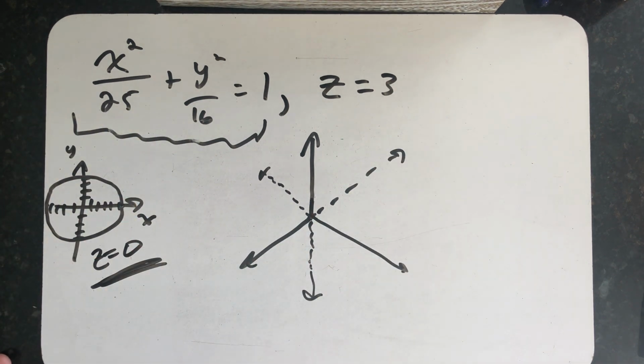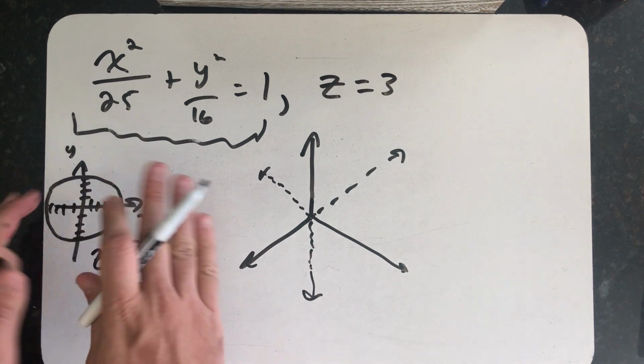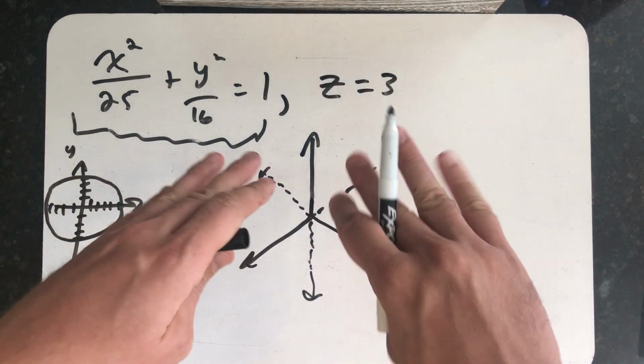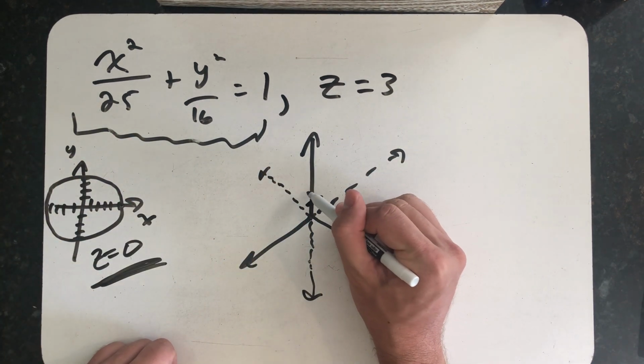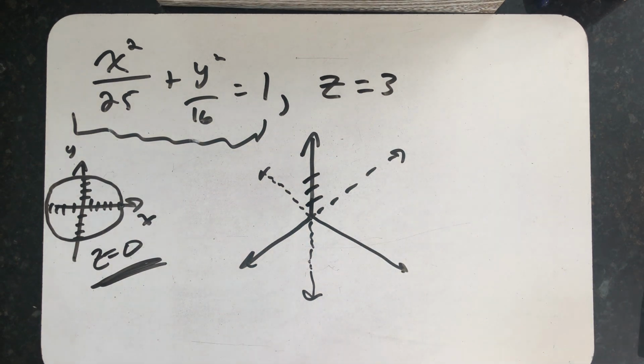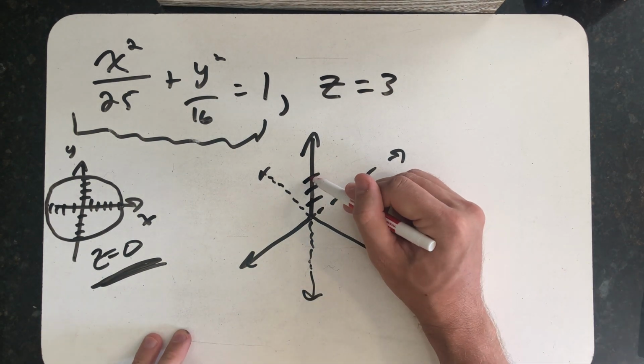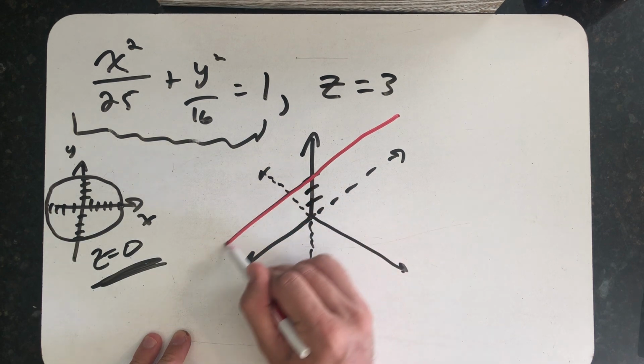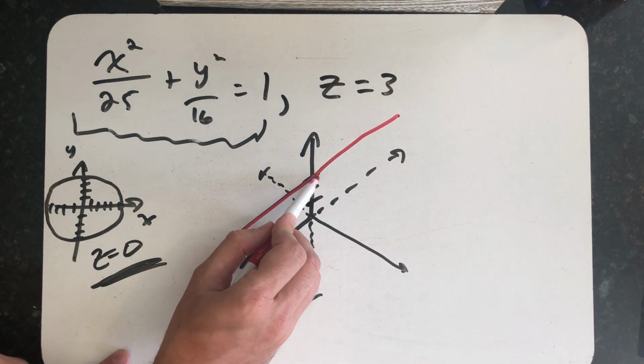Now I need to draw that when z is equal to 3. So I'd get that same ellipse, but just up 3 units. So again, I'm in a plane 3 units above the xy axes.